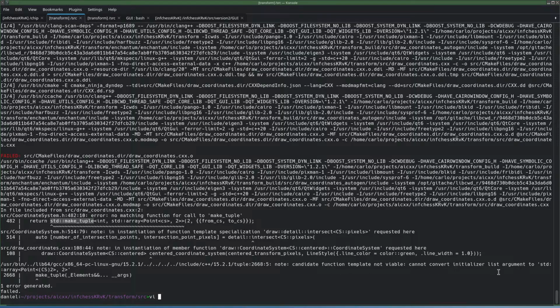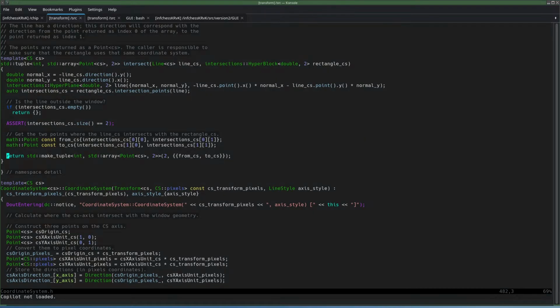Cannot convert initializer list argument to std::array. And why is that? Okay, one brace down.